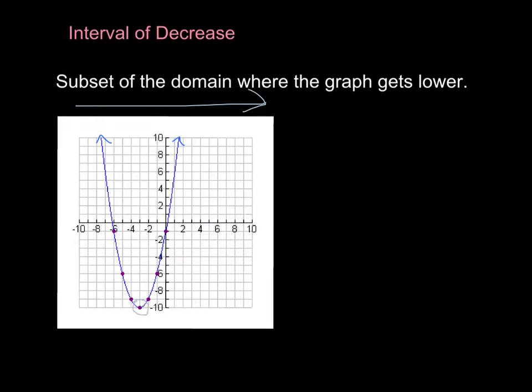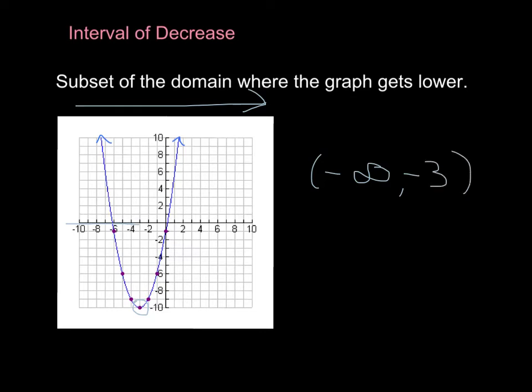So the part where it's getting lower is from negative infinity to negative 3, so it's on this side here. And again, it does not include that negative 3, right? Because that part of the graph is where there is actually no change occurring. It would be a horizontal tangent. So we have an interval here of negative infinity to negative 3.